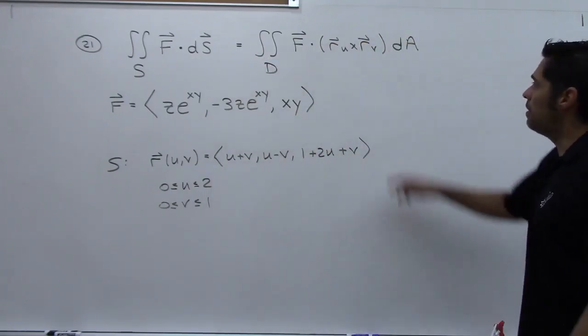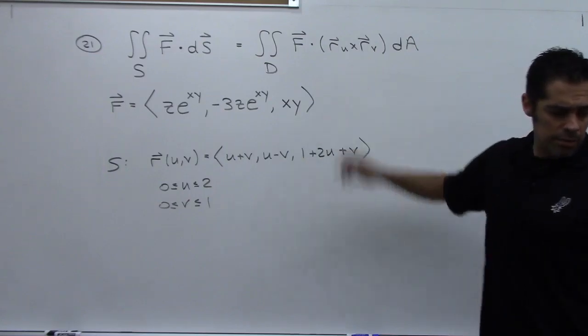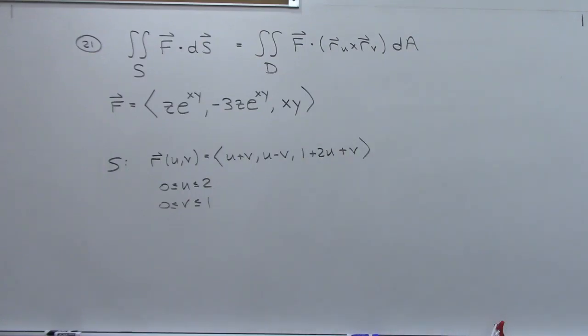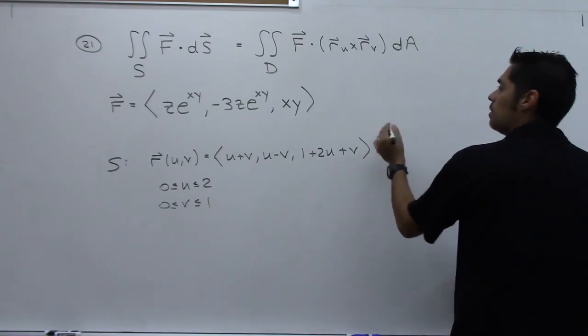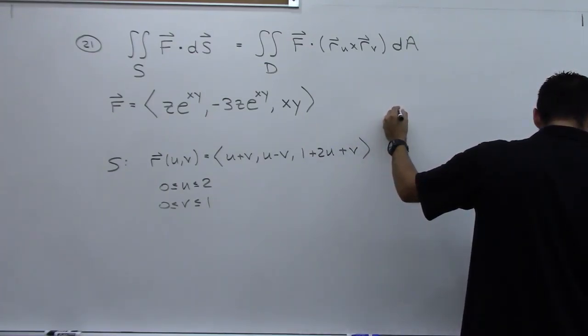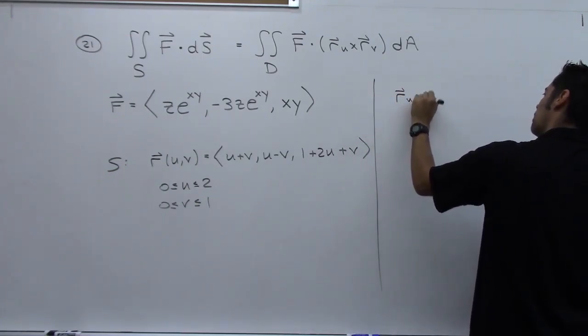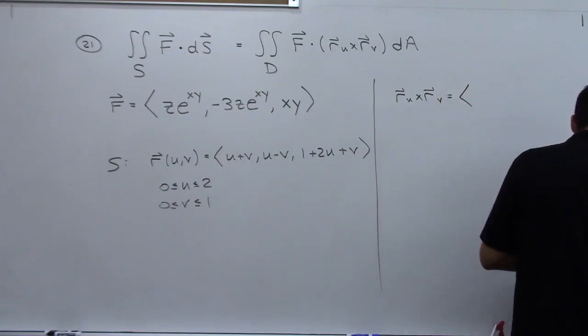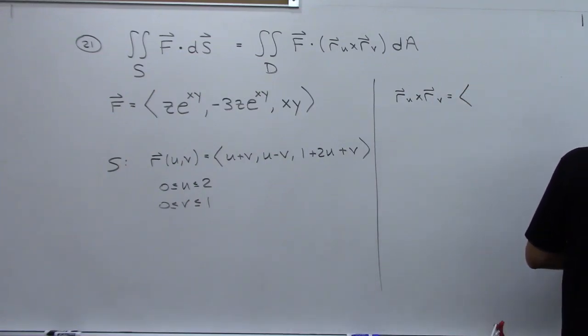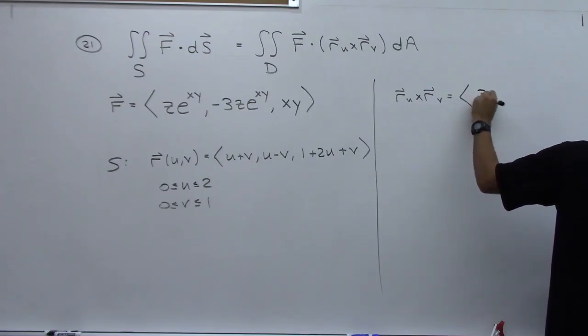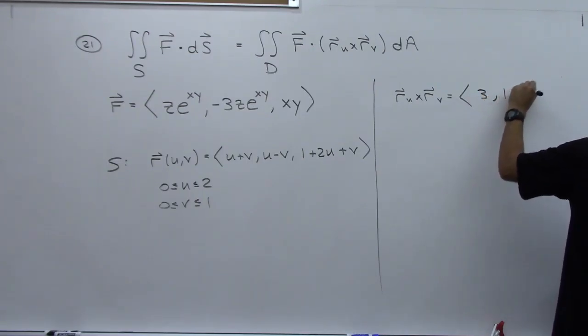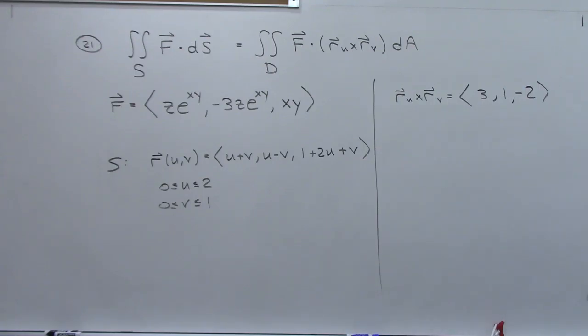So I need to find the cross product of these partials, which we did in number 5. Let me look that up real quick so I don't have to redo it. When we take the partial of R with respect to u and cross it with the partial of R with respect to v, we got the vector 3, 1, negative 2. You can check back in the video for number 5 that we did in fact get that.